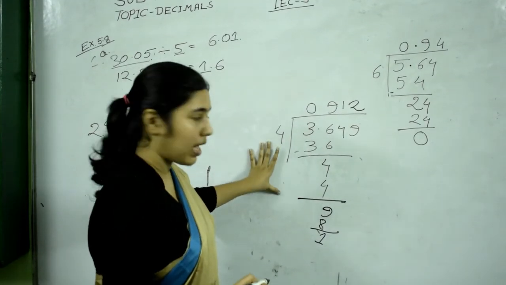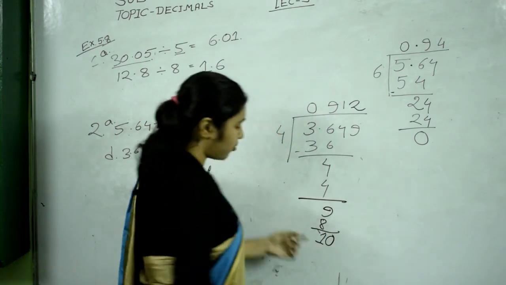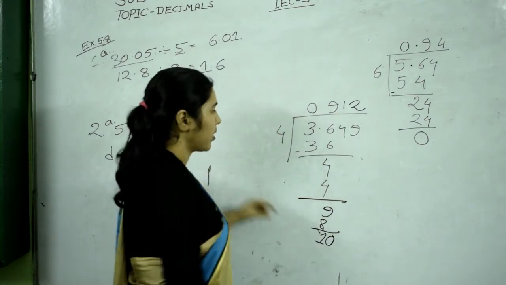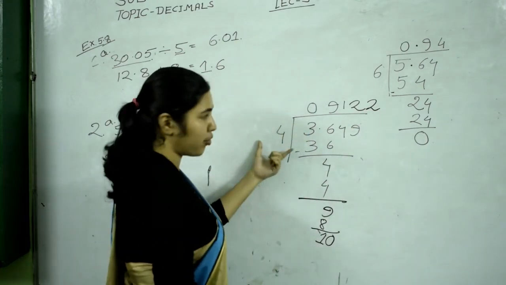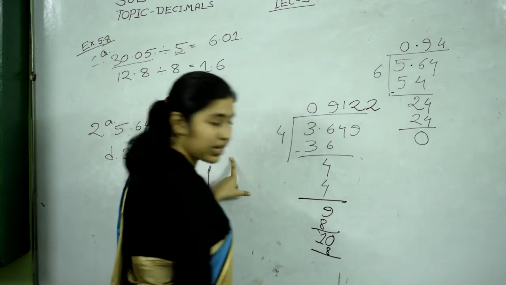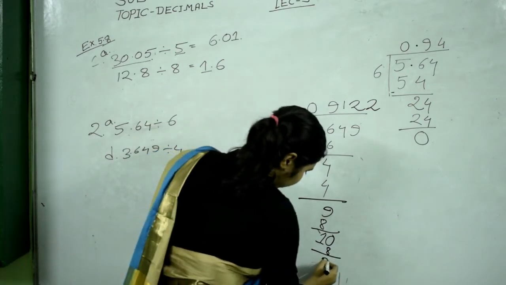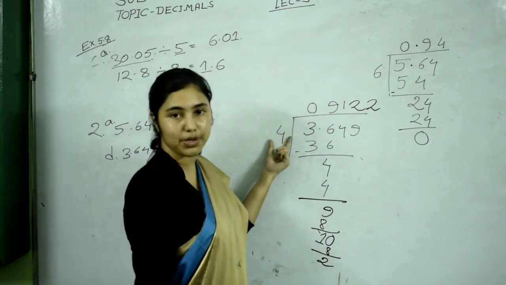Now, in that case, we have to consider 1 zero here. Now divide 10 by 4. 4 2s are 8. Again subtract 8 from 10, we will get 2, right? Now again 2 is not divisible by 4.